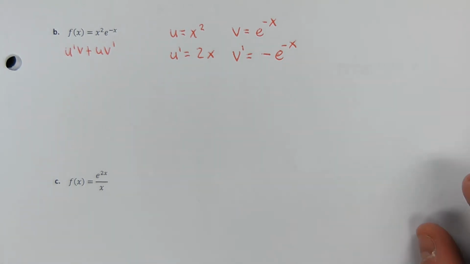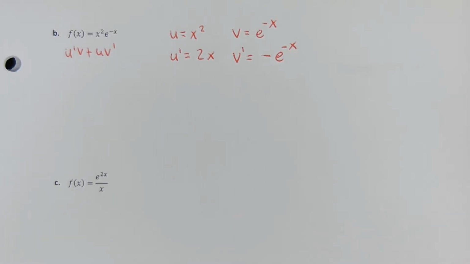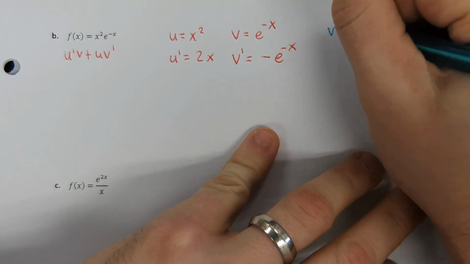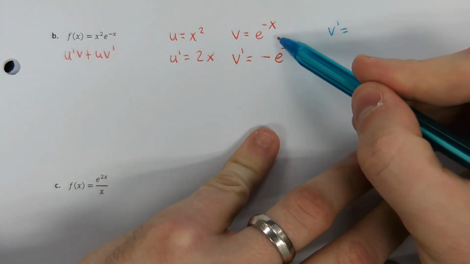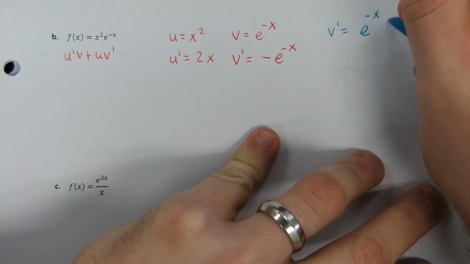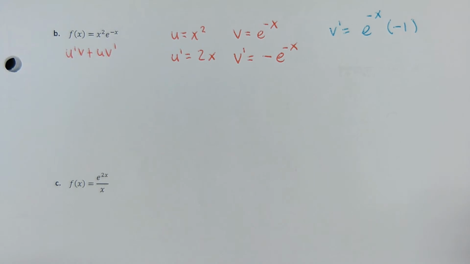So our derivative then. I'll show the work. v prime is the derivative of this, right? Your job is to write the original, and then by the chain rule, multiply by the derivative of its exponent. Okay.